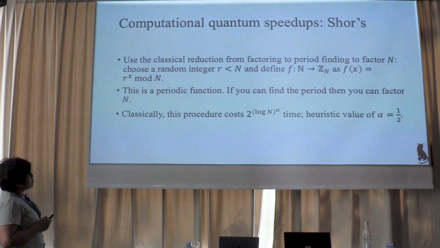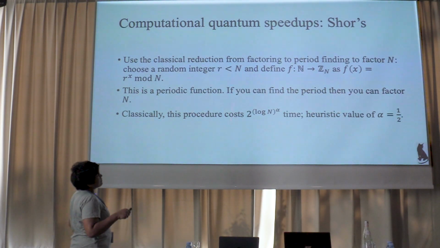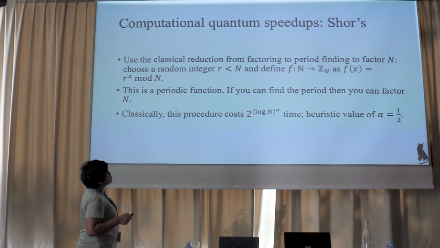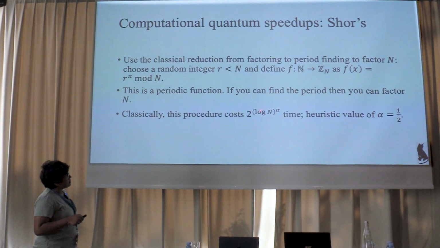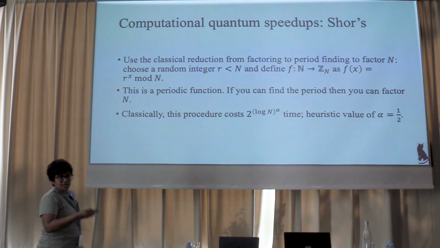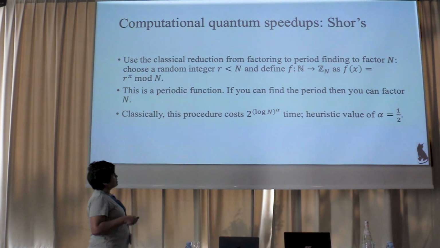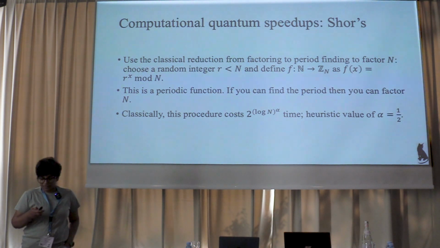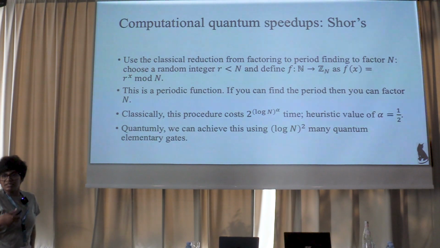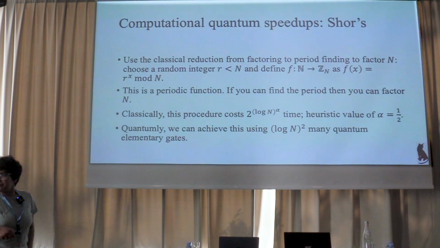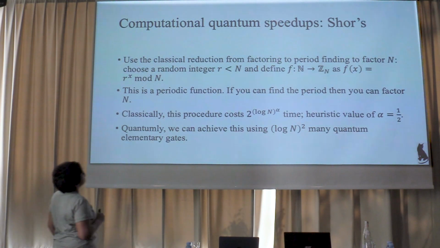Classically, whatever algorithm we know runs in 2 to the power log n times log n to the power alpha, and we want to factor this number n, right? So the input size for us is log n because we are given the number as bits, which is log n. So this is an exponential time algorithm. But Shor's algorithm will only run in polynomial time in the number of bits required to express n. We'll see the algorithm a bit.